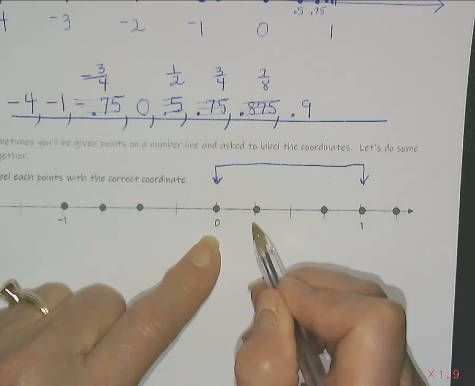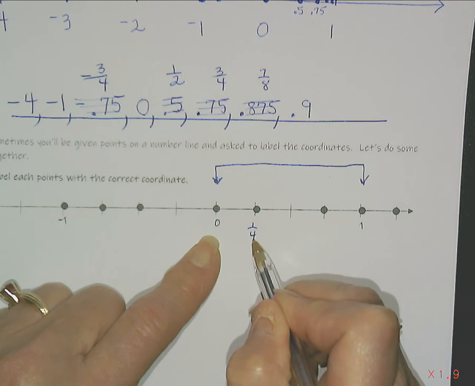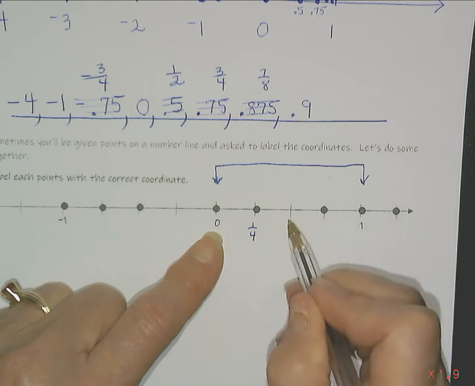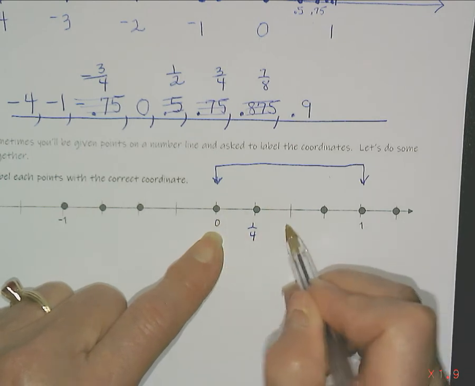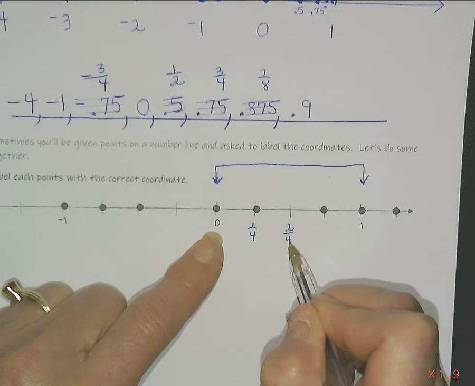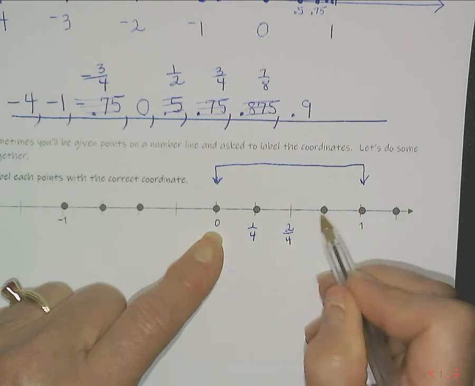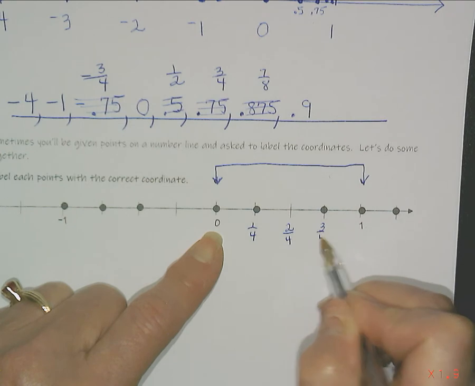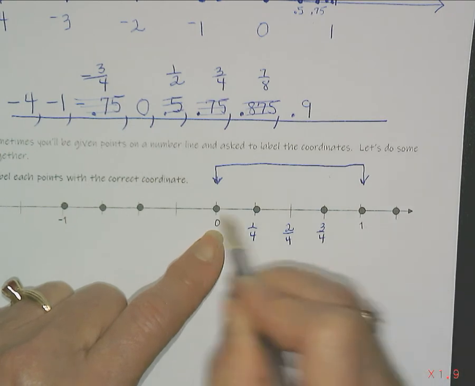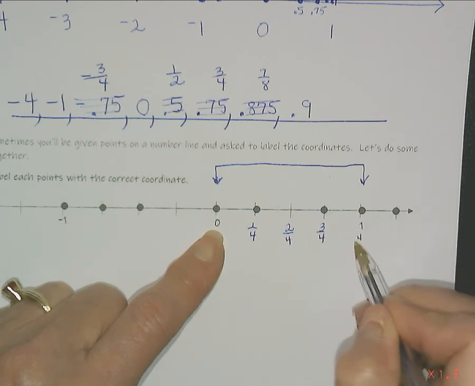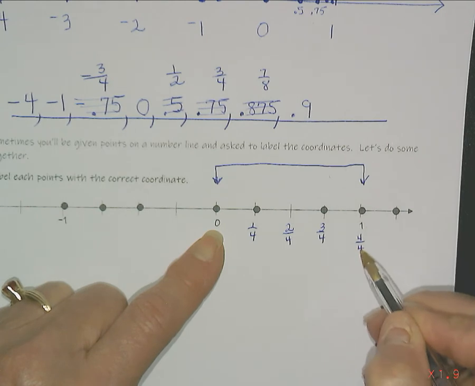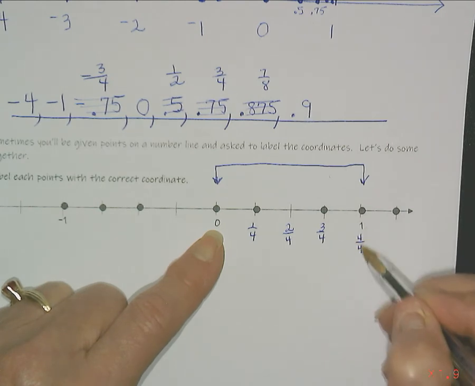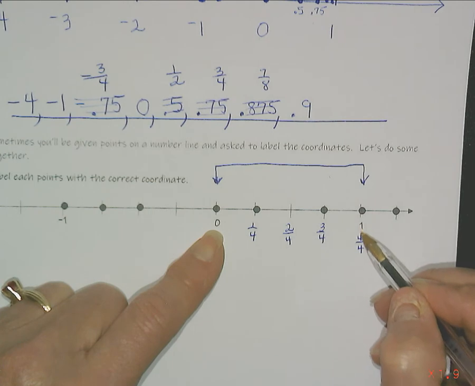This is 1 out of those 4 sections. From 0 to this one is 2 out of those 4 sections. From 0 to here is 3 out of those 4 sections. And from 0 to 1 is 4 out of those 4 sections. Does it make sense that we have 4/4 here where we've got the 1?